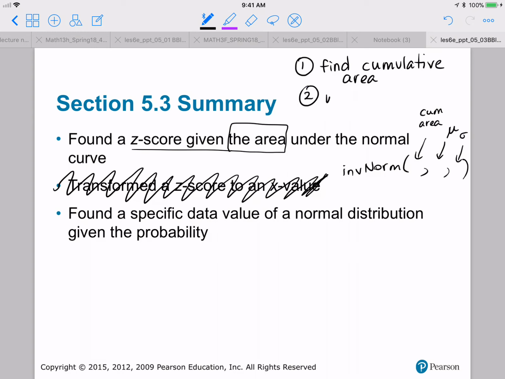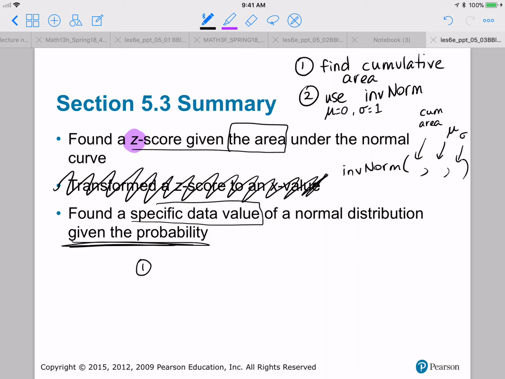And then number two is use inverse norm with mu equal to 0 and sigma equal to 1, because you're finding a z-score, so you are working with the standard normal distribution. Now, for any scenario where you find a specific data value given the probability, here's what you want to do.